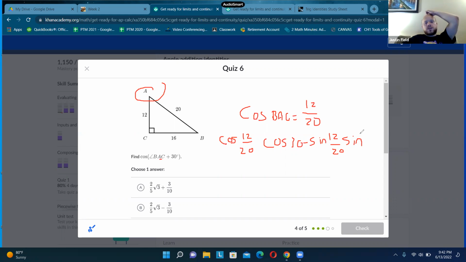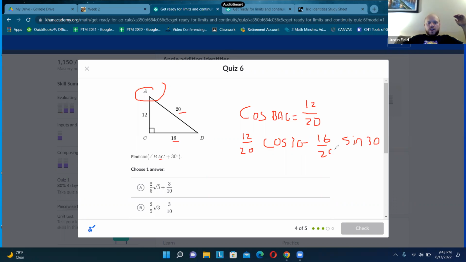Oh, whoopsies. It's not cosine 12 over 20, it is 12 over 20. So that makes it a little easier. And the sine is 16 over 20, right? That's the sine of angle A, so 16 over 20.